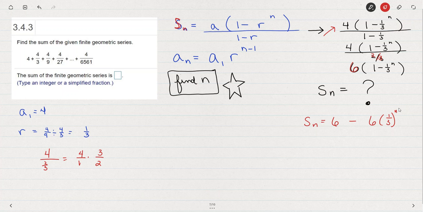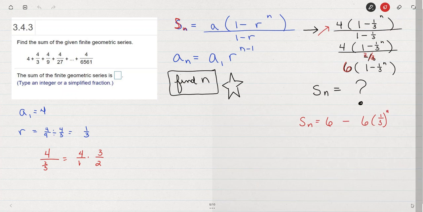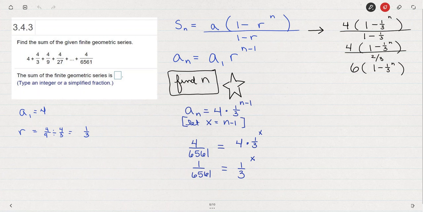But one way or another, you see that what I need to find is n. So let's do a little bit of precalculus to find n. If I use this formula, the nth term is equivalent to the first term times r to the number of terms less 1.